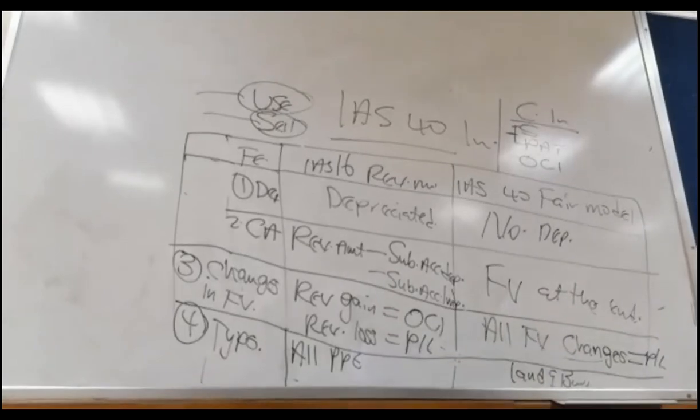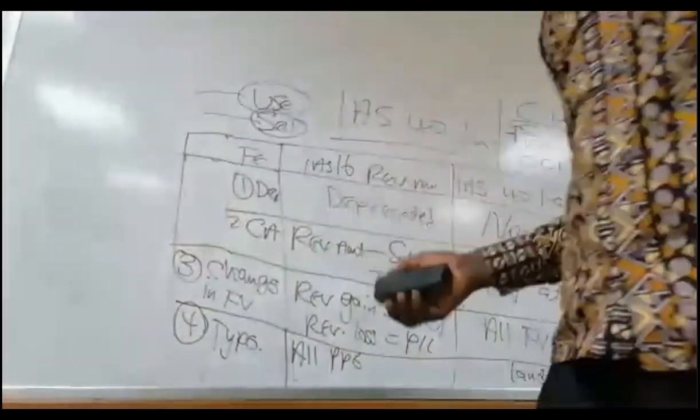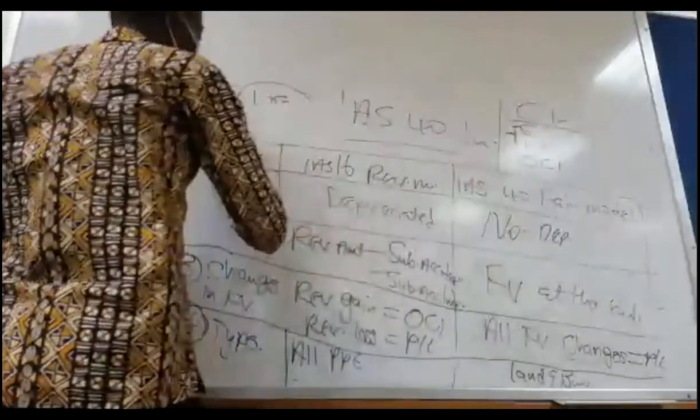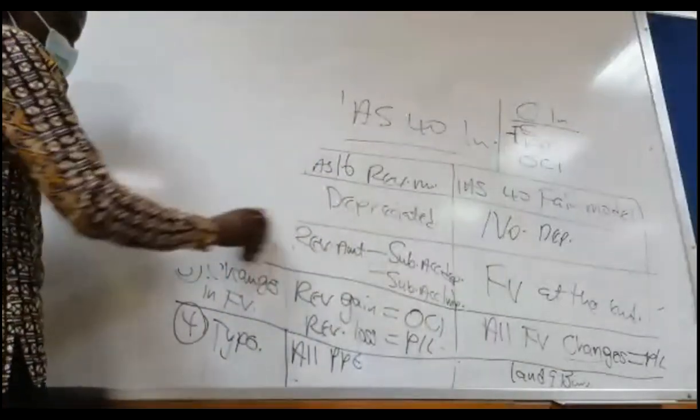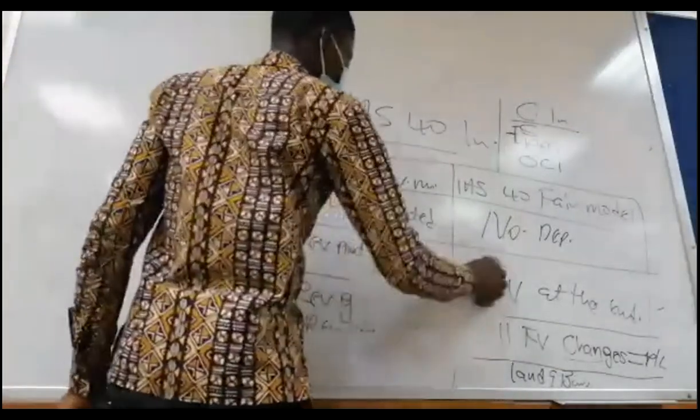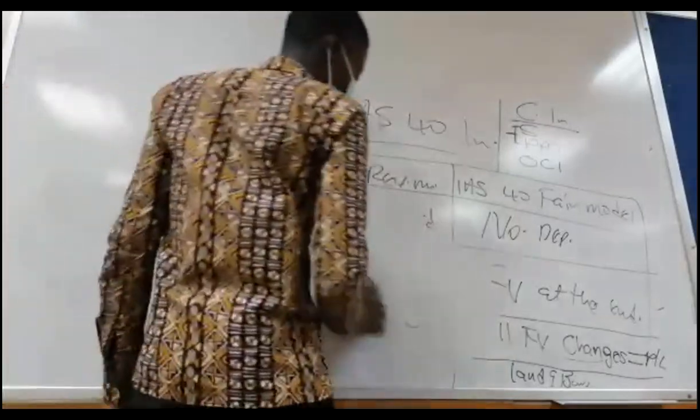Great. So it means that having the investment property under a cost model, we are going to depreciate the investment property. How do you calculate depreciation?